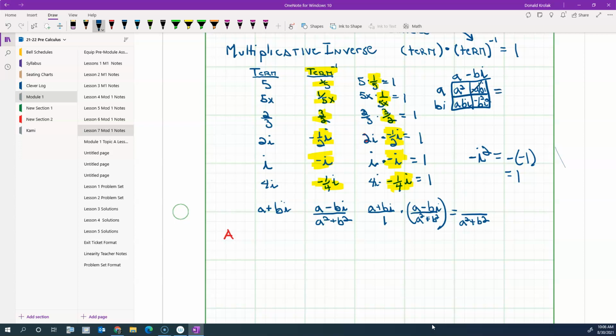And that ends up becoming A squared plus B squared. So when you multiply those two, you get that, so that's equal to 1 when you multiply out the two numerators.